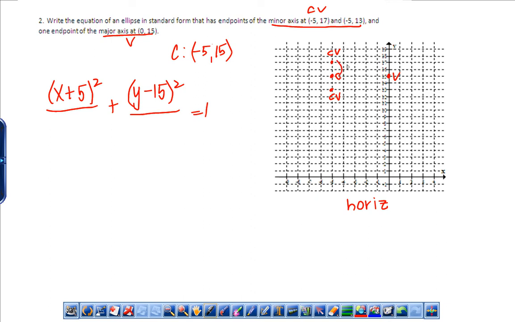You know your b value is 2, and your a value is 5. So that means that A squared is 25 and B squared is 4.